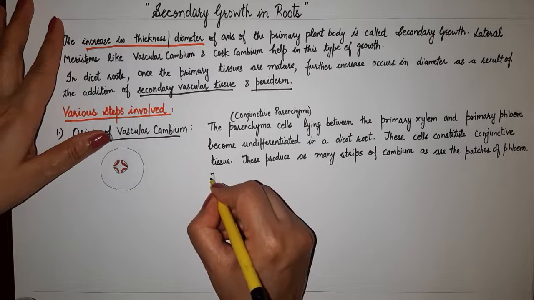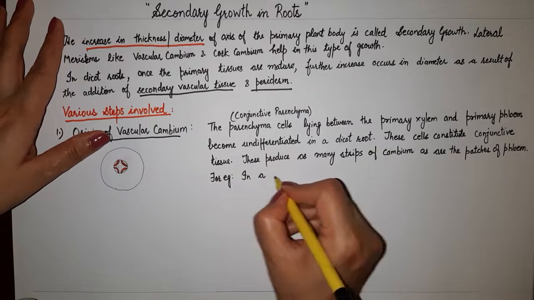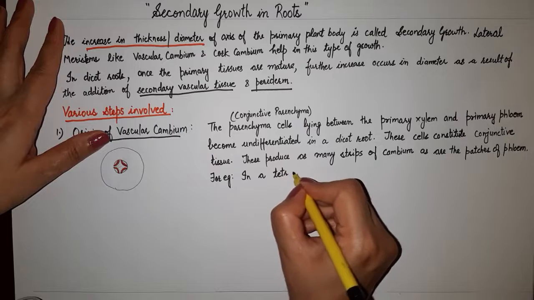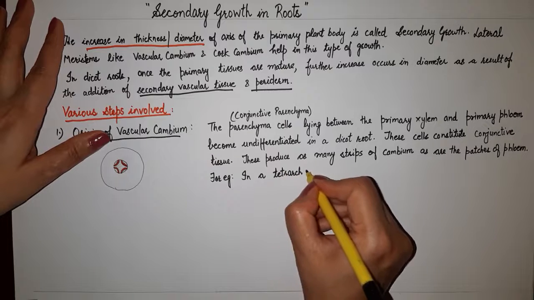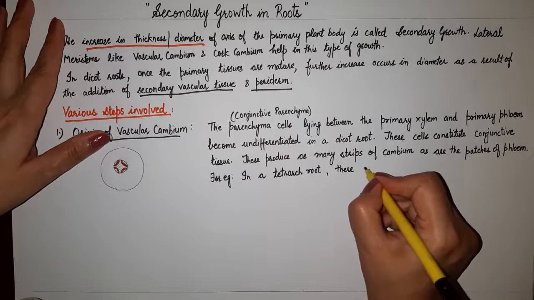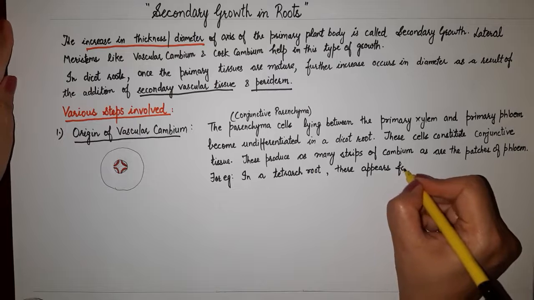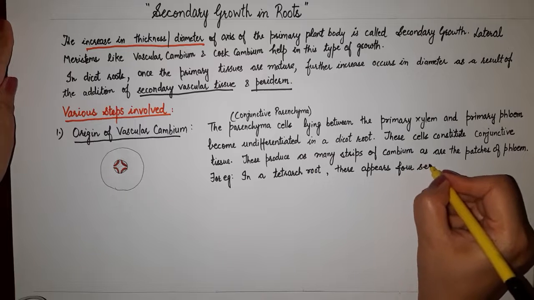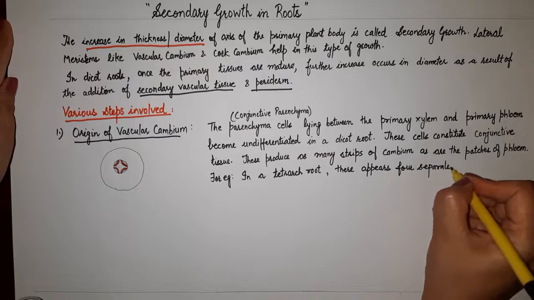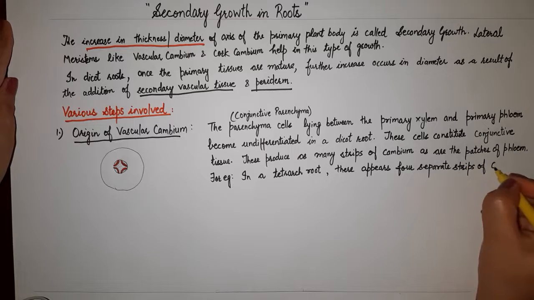For example, in a tetra-arc root, there appear 4 separate strips of cambia.